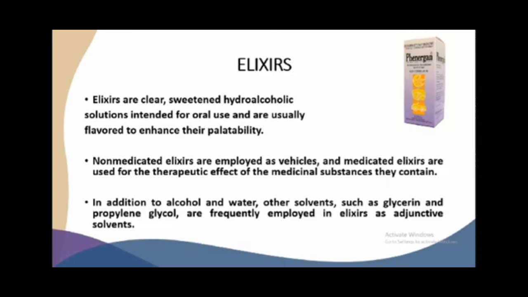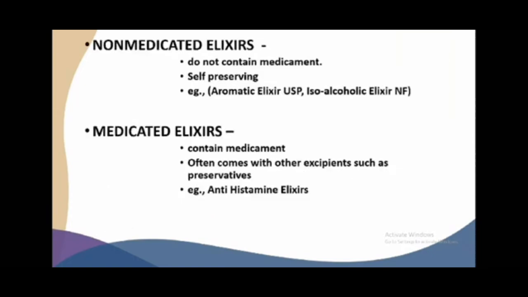Elixirs are always sweetened but rarely contain sucrose, because sucrose makes the solution more viscous or thick. If the solution becomes viscous or thick, it is not an elixir anymore, as this is an undesirable property for an elixir.